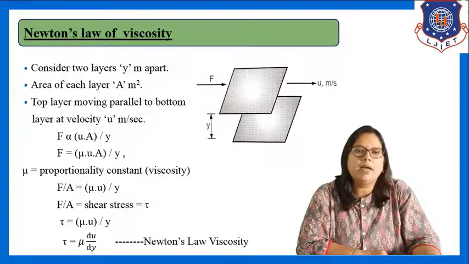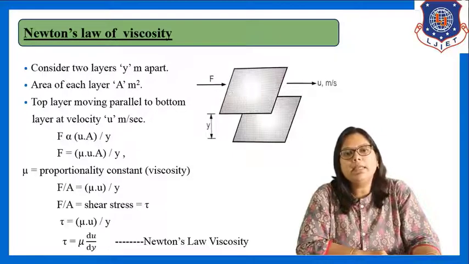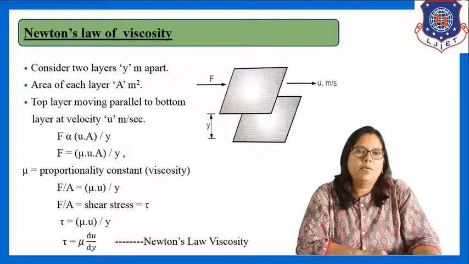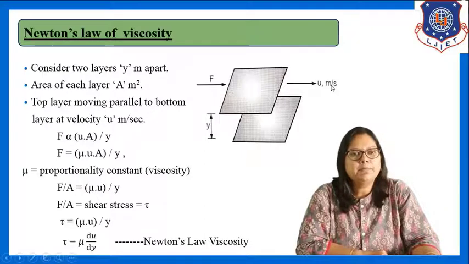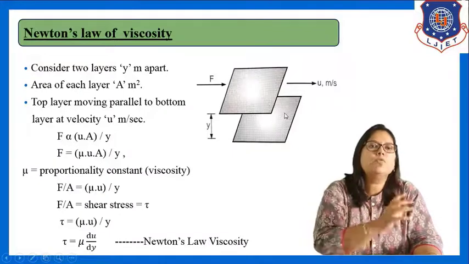And the velocity of the top layer with respect to the bottom layer is u meter per second. There is some force we are applying, and that's why the fluid is moving.